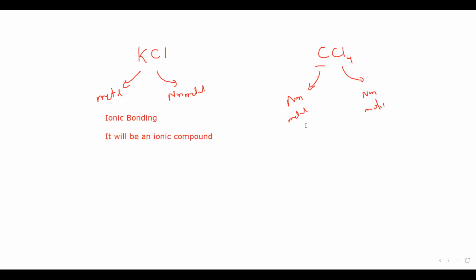Here the two non-metals are there. When two or more non-metals are there, they will have covalent bonding. And it will be a covalent compound.